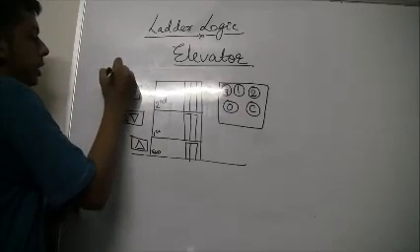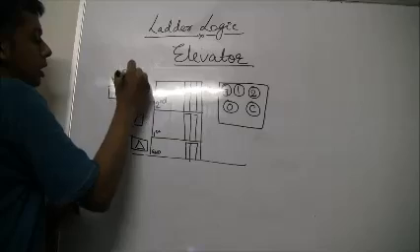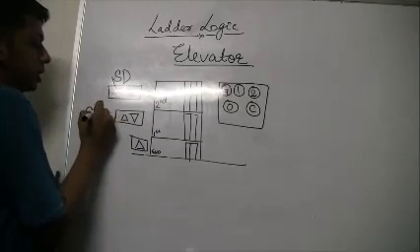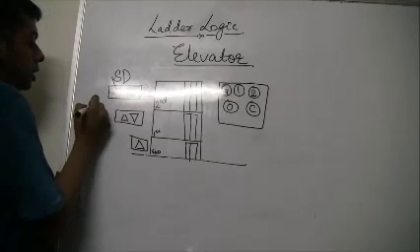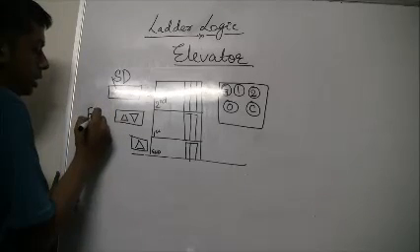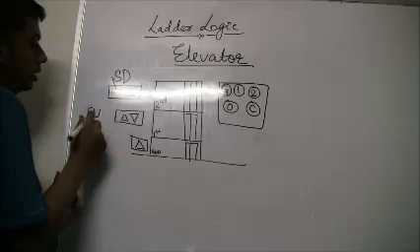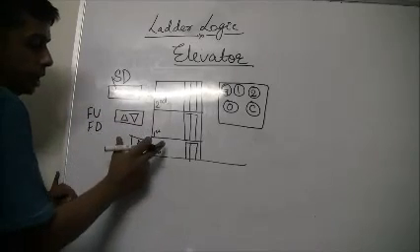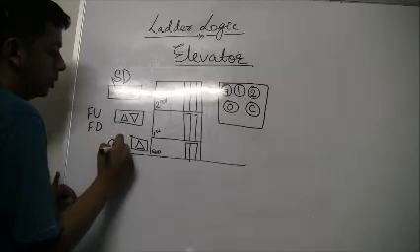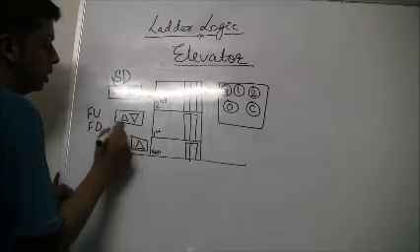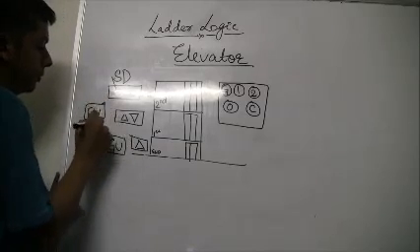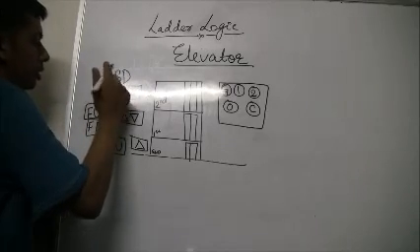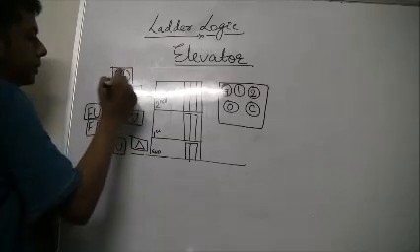Let this be SD, that would be second down. This would be FU and FD, first up, first down, and this would be GU, ground up.